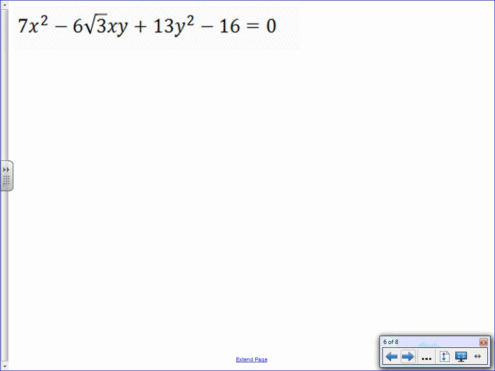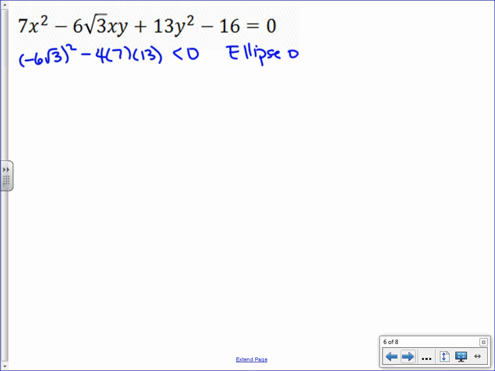So we need to look at the discriminant, b squared minus 4ac, greater, equal, or less than 0. It's going to be a negative number, which means what? We like those, right?